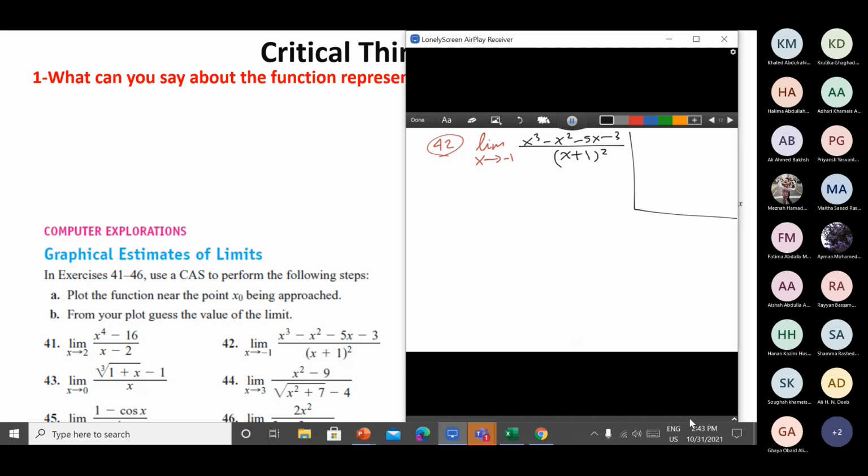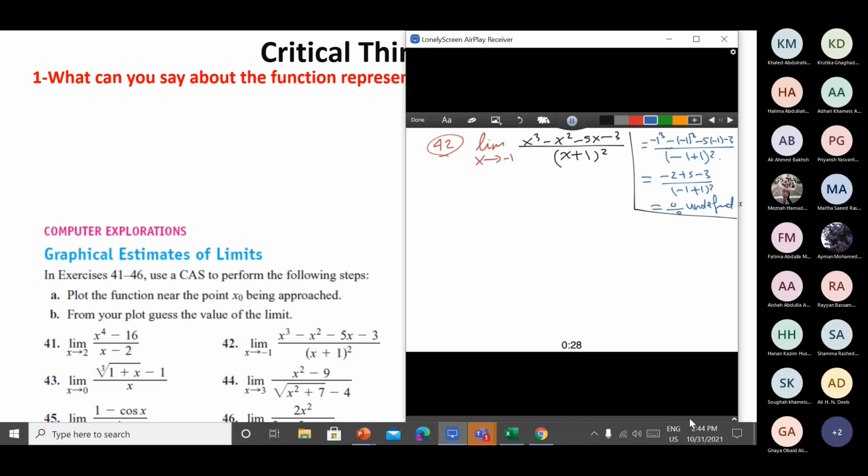Also, if I am substituting what I have here, I substitute by minus 1, so I have minus 1 cubed minus 1 squared minus 5 times minus 1 minus 3 over minus 1 plus 1 squared. So I have minus 1, minus 2 plus 5 minus 3 over minus 1 plus 1 squared. So I have 0 over 0. This is an undefined value. So how can I get rid of it?